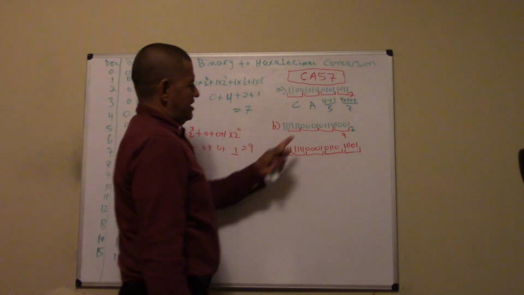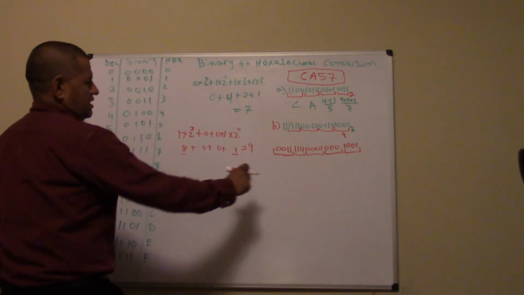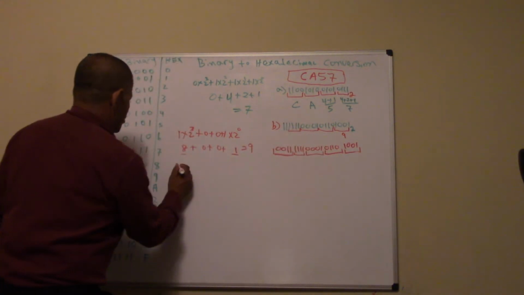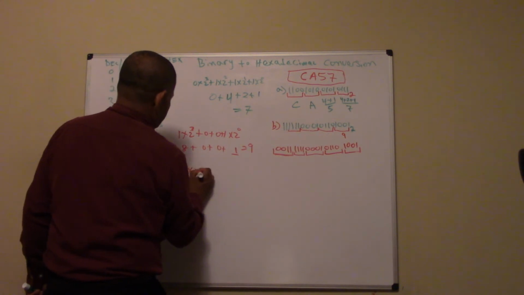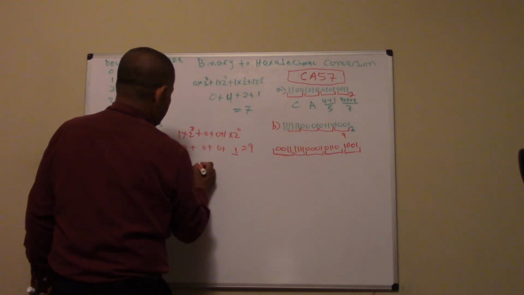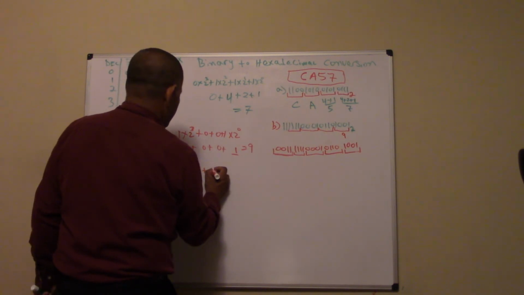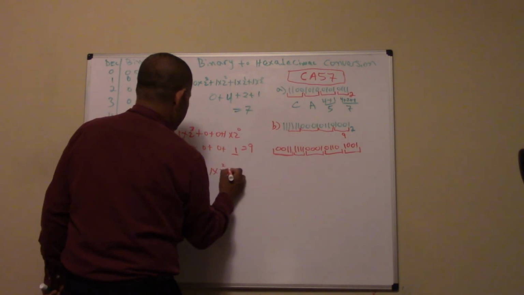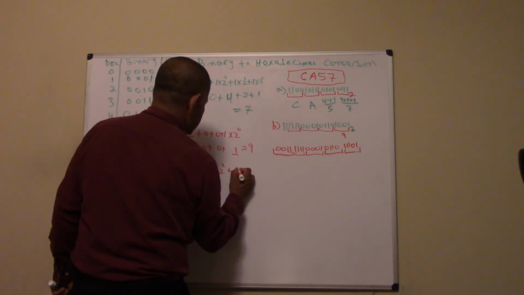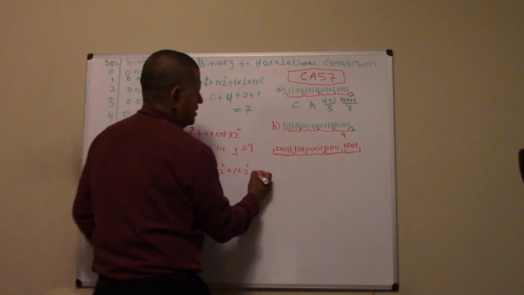So now here's another number. In this block right here, it's going to be 0 times 2 to the third power plus 1 times 2 to the second power plus 1 times 2 to the 1 power, right?